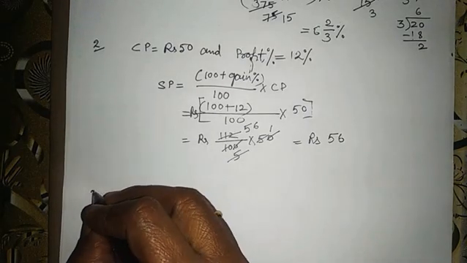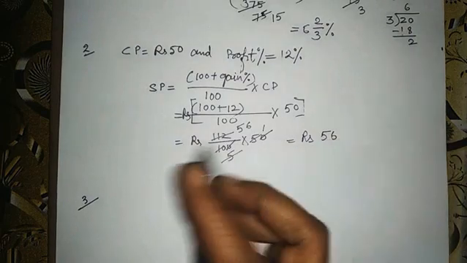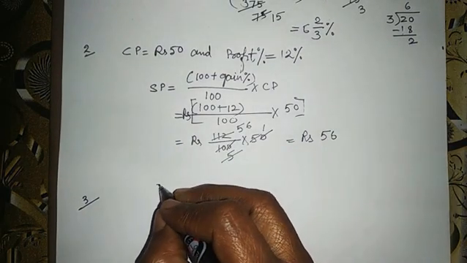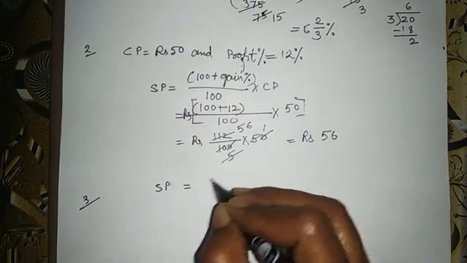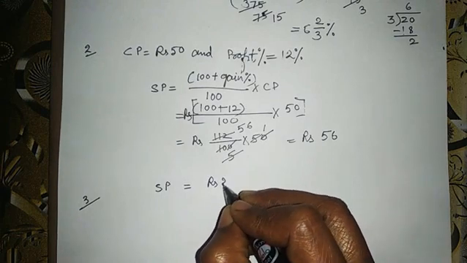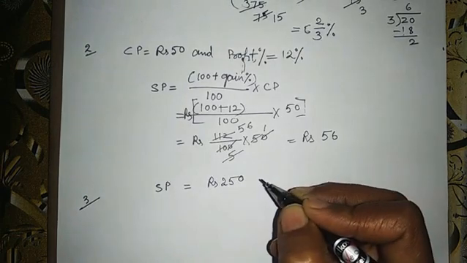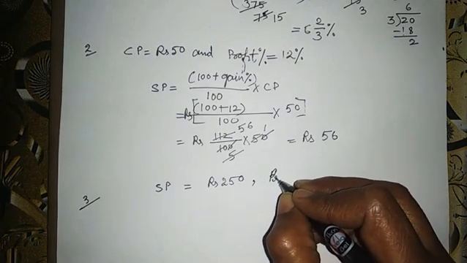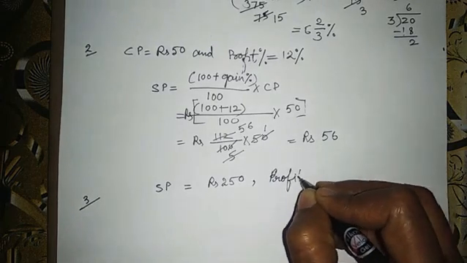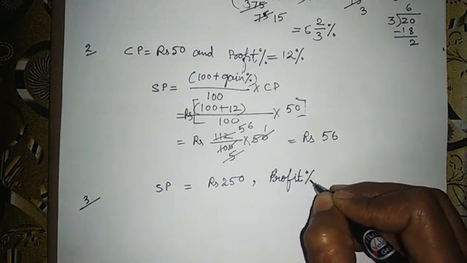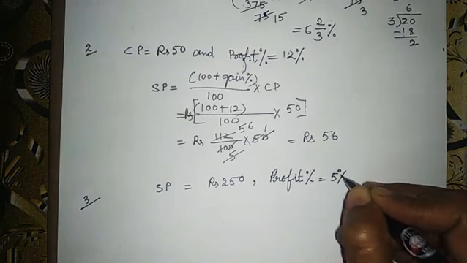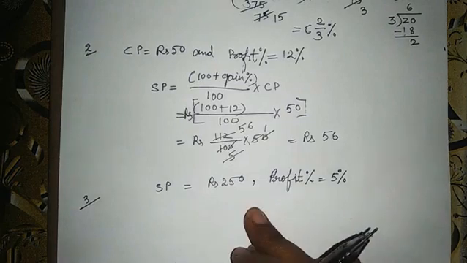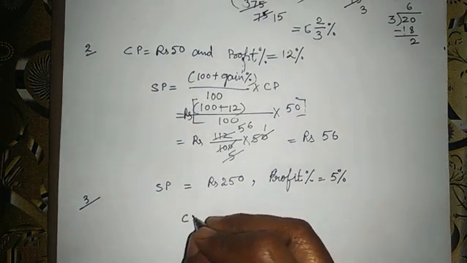Now the third question. Here SP is equal to rupees 250 and profit percent is equal to 5%, and here cost price we will calculate.